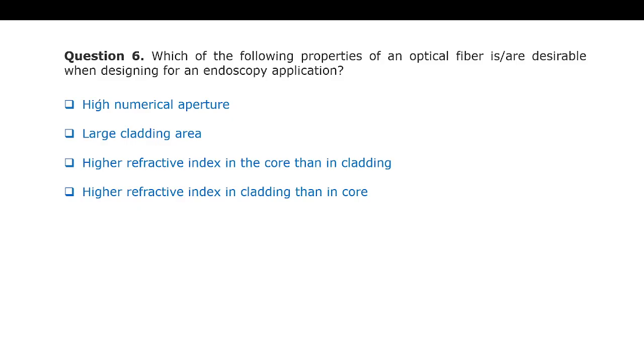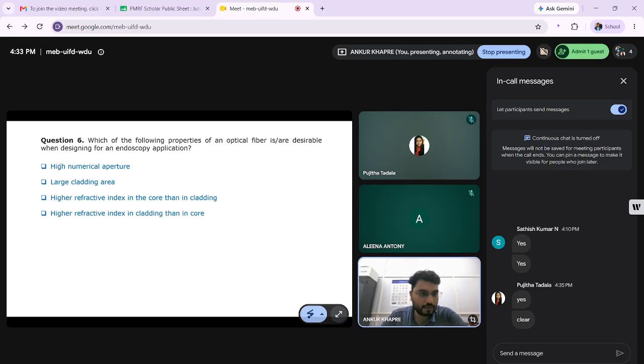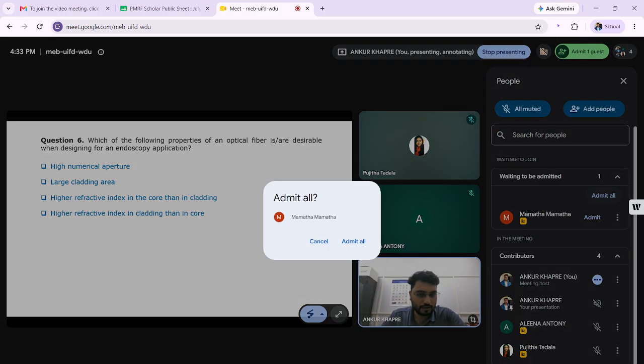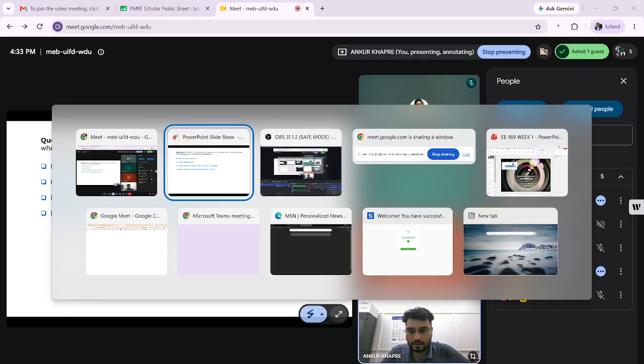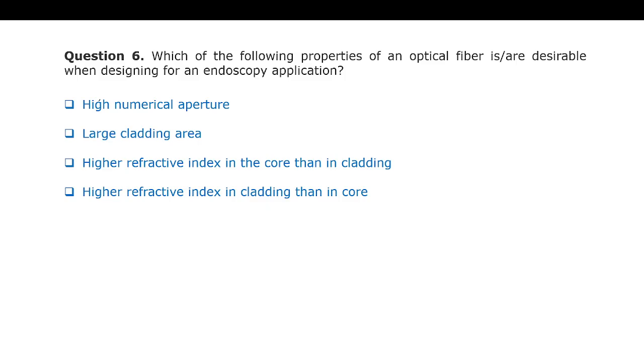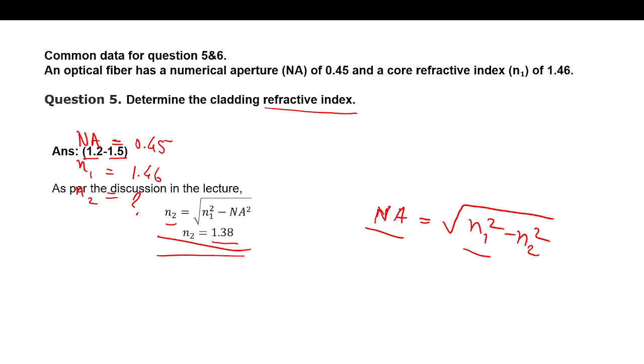Now question number six. As you know, questions 5 and 6 have the same common data. An optical fiber has a numerical aperture of 0.45 and a core refractive index n1 of 1.46.